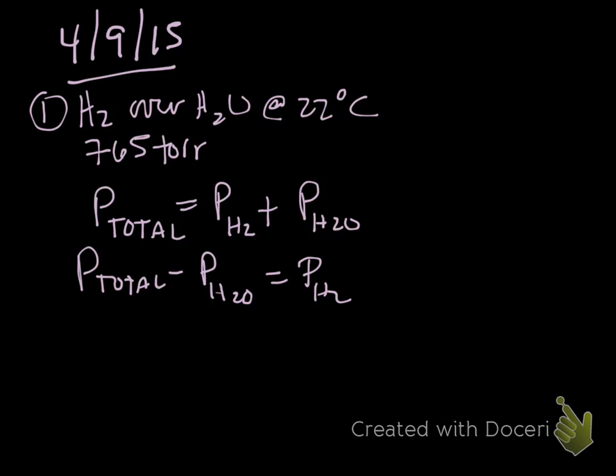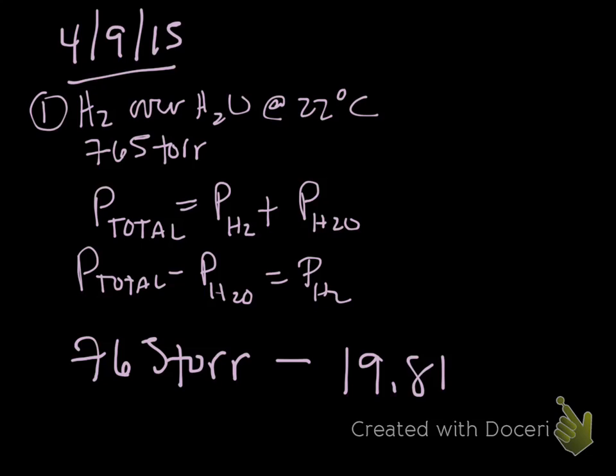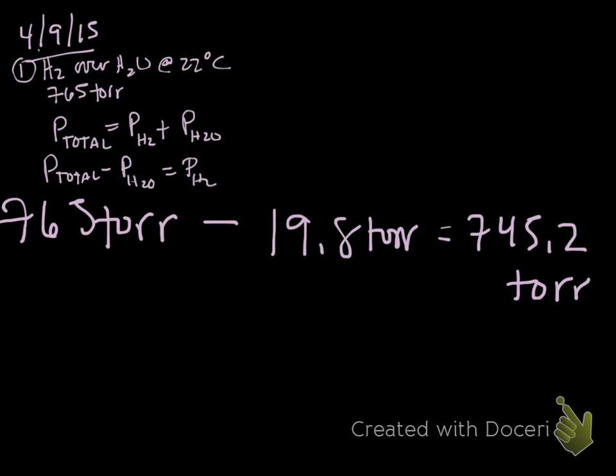Your total pressure reading is whatever the barometer in the lab says. So this is 765 torr, and the water vapor pressure at 22 is 19.8 torr. So we get a raw answer of 745.2 torr with sig figs.